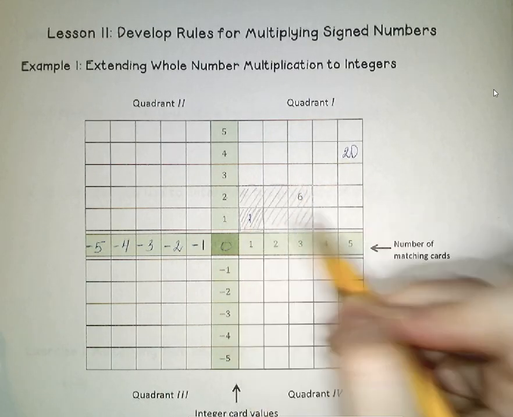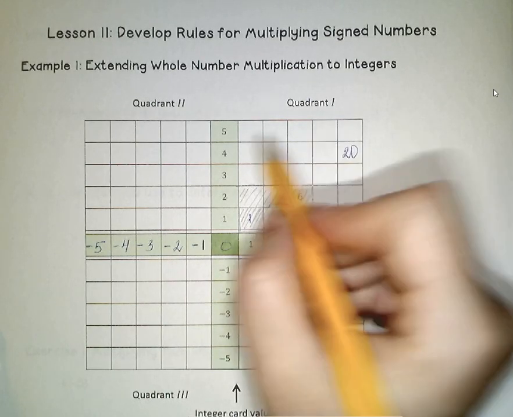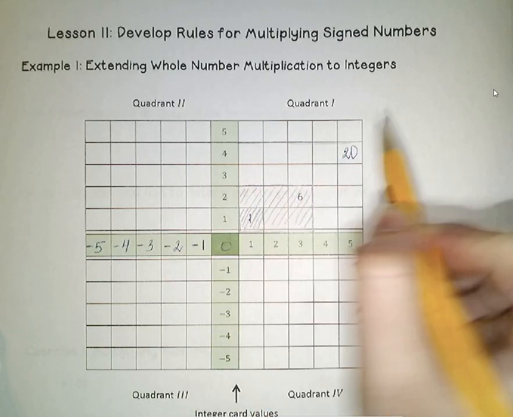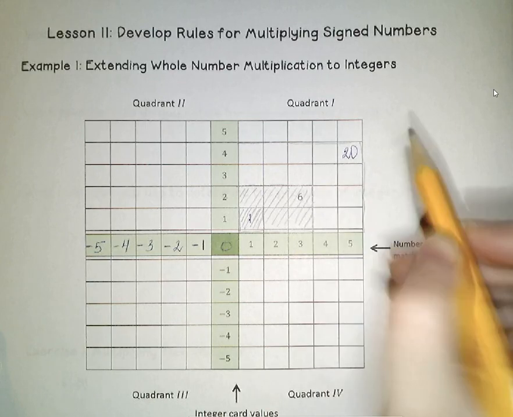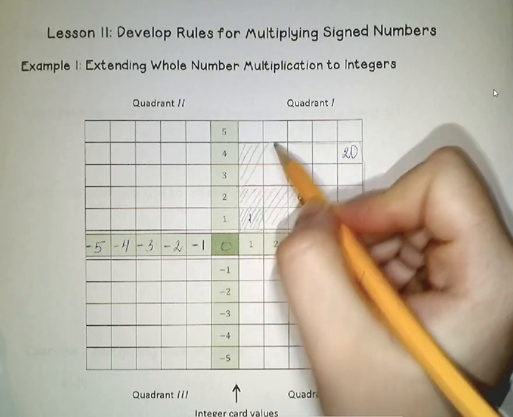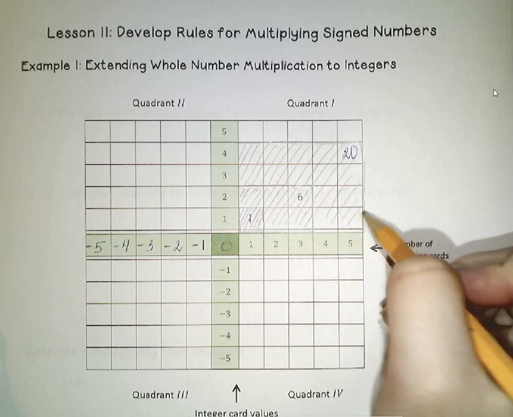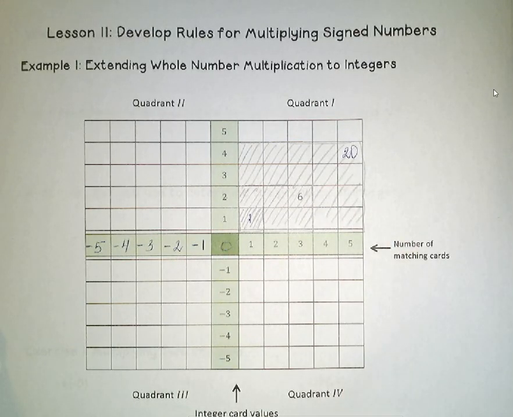This is 6 squares, 2 times 3. And if I match 4 and 5 here, the area covered will be a whole 20, right? So this is something that we learned in elementary school, how to make area models and how to multiply numbers. Pretty easy.